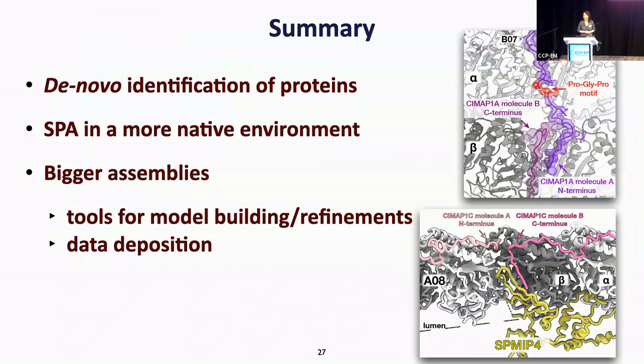I'm very happy that we do more and more single particle analysis in a more native setup. And obviously this is not the only example. Nowadays there are more and more examples coming out. And to finish up, I said that I'm happy, but I have some challenges moving on to these bigger assemblies. I think we discussed briefly in the earlier morning session that we need to improve our model building tools and refinement.